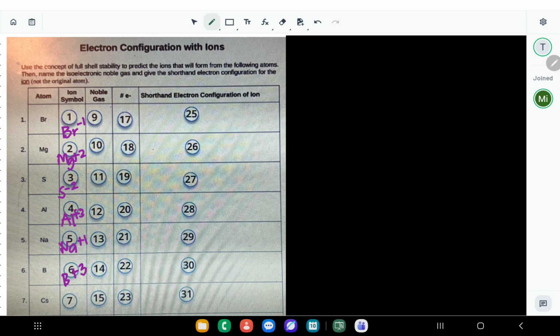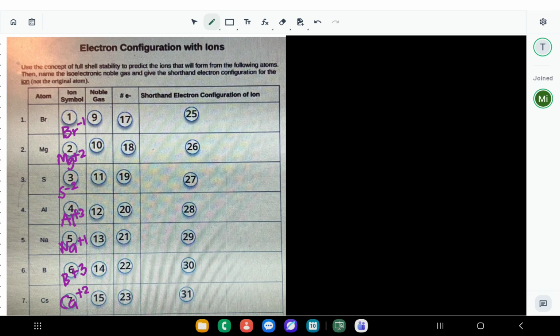Then the next one is calcium. What is the charge of calcium? Is it +1 or +2? It's +2. Okay, what is the closest noble gas?